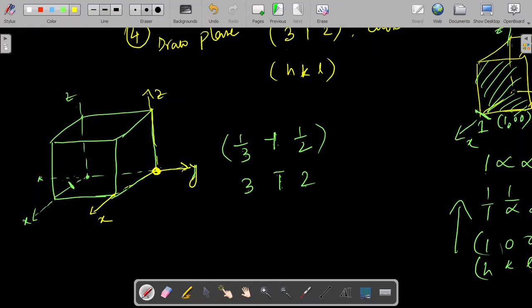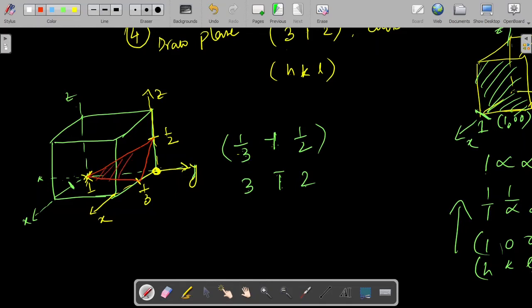So 1 over 3, again here 1 over 3, x intercept, y intercept is minus 1, so that's your y intercept. This much is 1 minus 1. Z intercept is half, so this is half, so this is 1. So that means now we have a plane which would be like this.